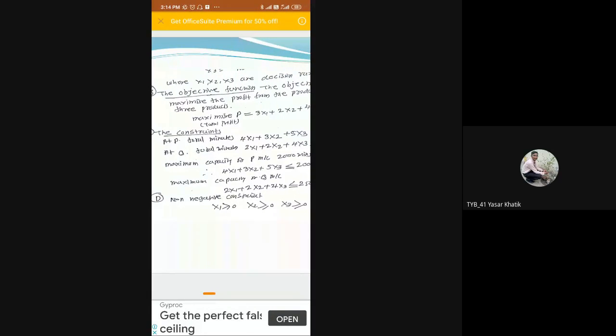So 4X1 plus 3X2 plus 5X3 is the total minutes, and at Q it is 2X1 plus 2X2 plus 4X3. So this is the time available. Now the maximum capacity of P, as per our first equation, should be less than or equal to 2000, and the maximum capacity of Q should be less than or equal to 2500, where X1, X2, X3 are non-negative.